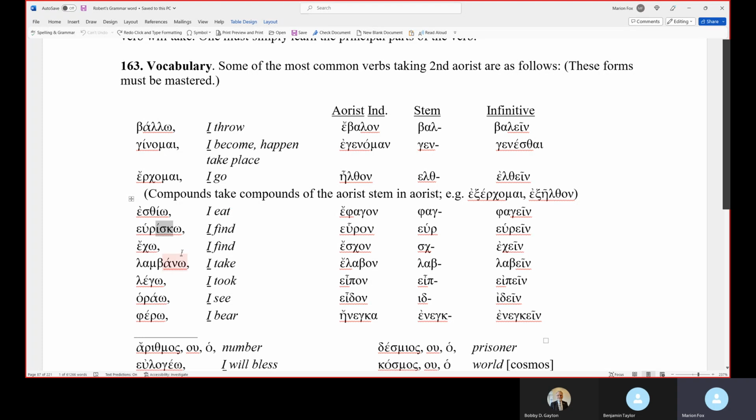That one's not too bad. Echō, I have, and eschon, and that's aorist. And sch, that's your stem. Okay. And when we get here, I'm looking at that and it just does not look right.